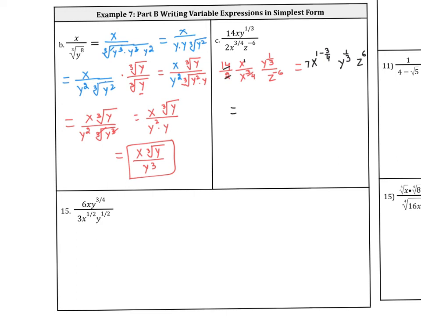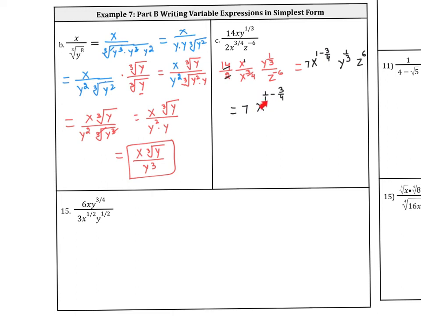Now everything is solved except we have to solve the 1 minus 3 over 4. I'm going to write x to the power of 1 over 1 minus 3 over 4. In order to subtract two fractions, we need to have the same denominator.